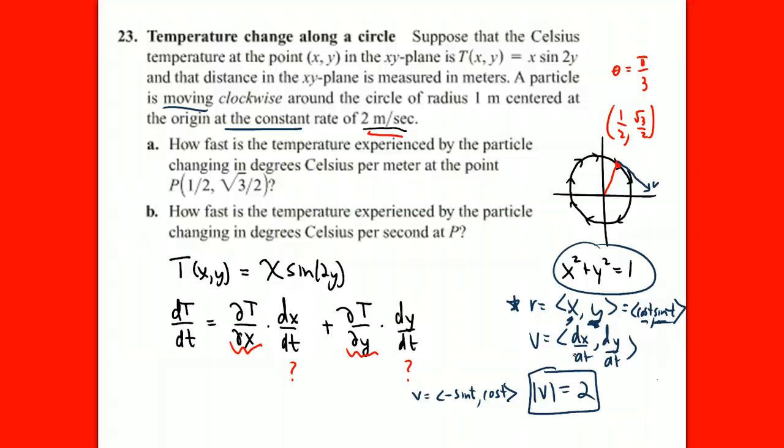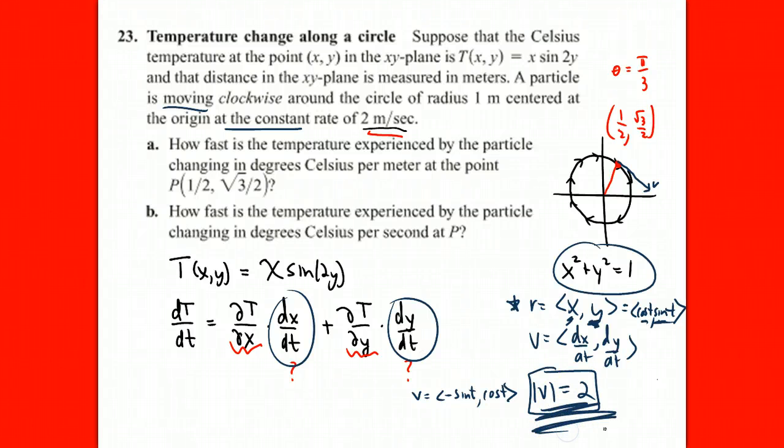I really think we just plug in pi over 3 here. Velocity, it's moving at a constant rate, and that constant rate is 2. Is that right?